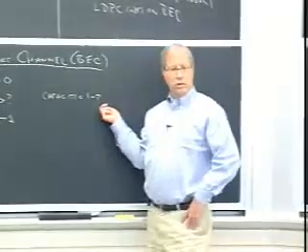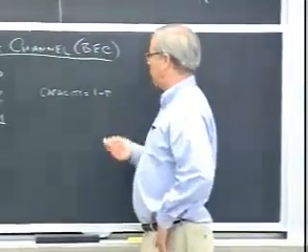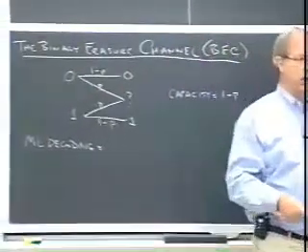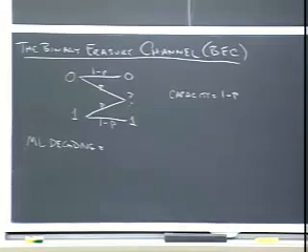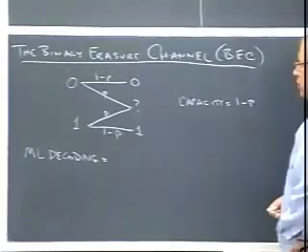This is the information theoretic capacity of the binary erasure channel. It's kind of obvious that it should be 1 minus p, because on the average you get 1 minus p good bits out for every bit that you send in. So the maximum rate you could expect to send over this channel is 1 minus p.